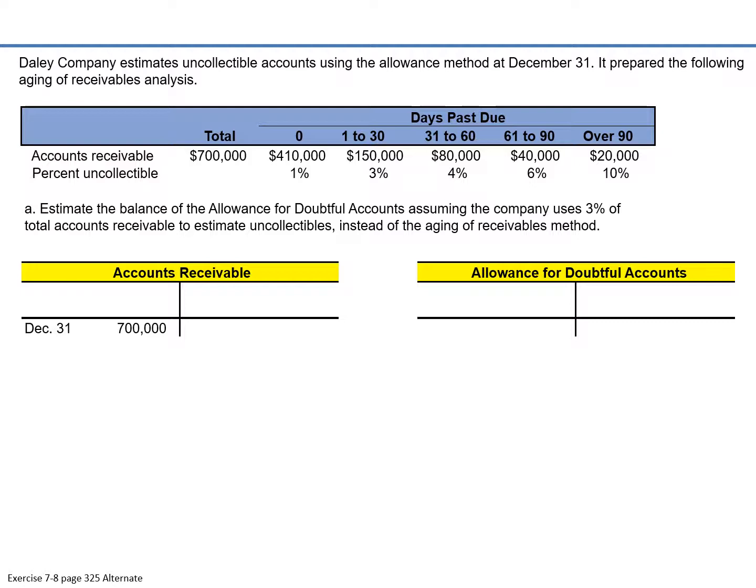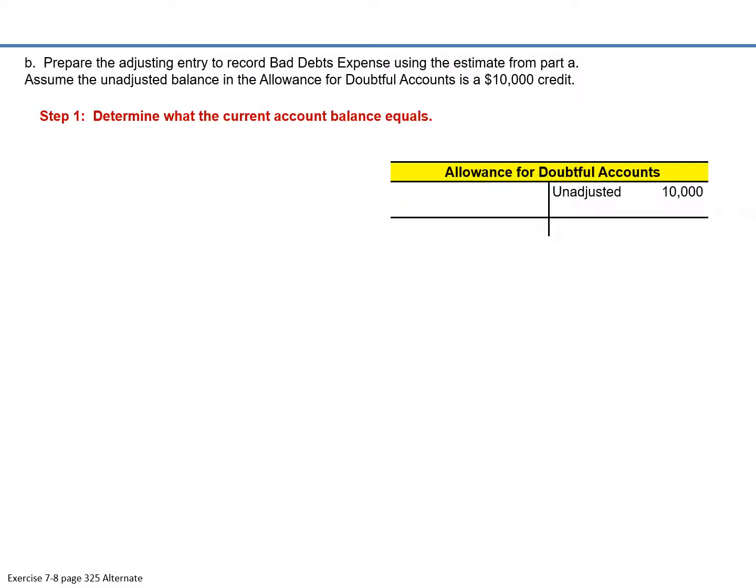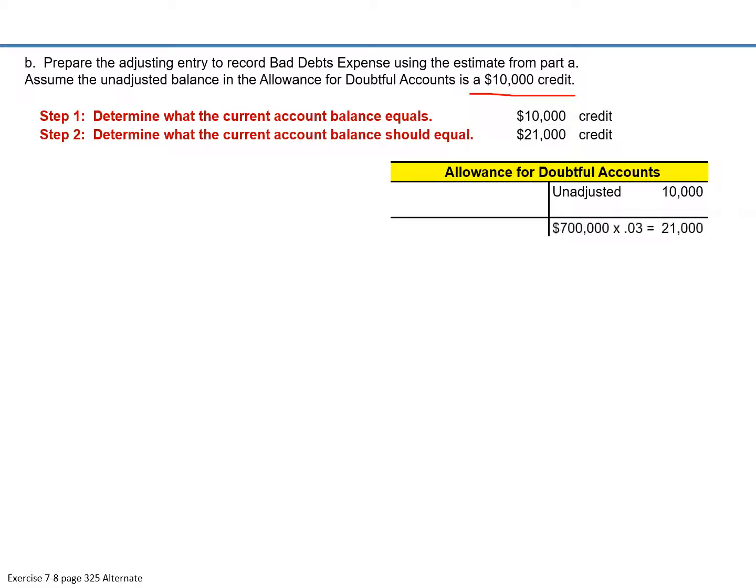All right, so we have 700,000 of accounts receivable. 3% of that suggests that we should have an allowance of 21,000. So, to prepare the journal entry, if we're starting with an unadjusted balance of $10,000 credit and we need to get to 21,000, what do we need? Debit or credit, and how much?